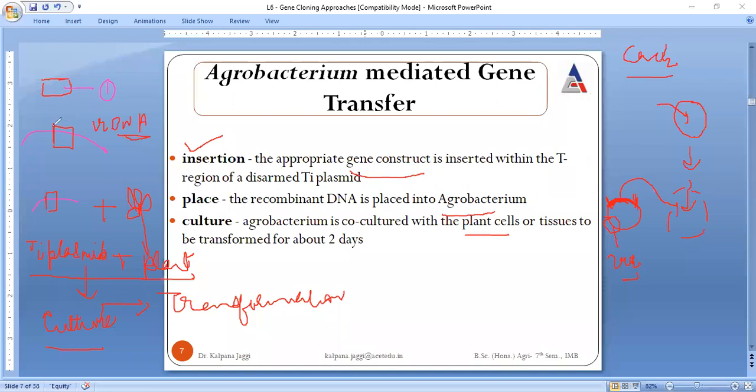Then it is inserted into the Ti plasmid, and later on this is placed with the plant and cultured. So once transformation takes place, with the help of the virulence region, this particular tDNA that has within it the desired gene is transferred into the host genome, and the rest of the part remains outside only.